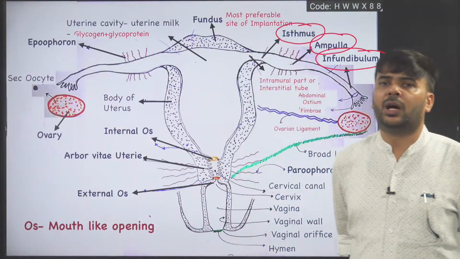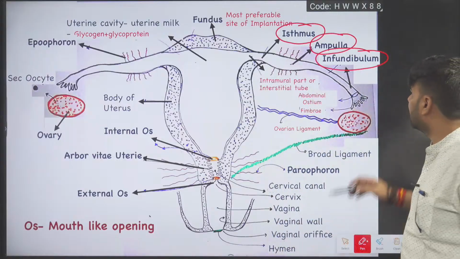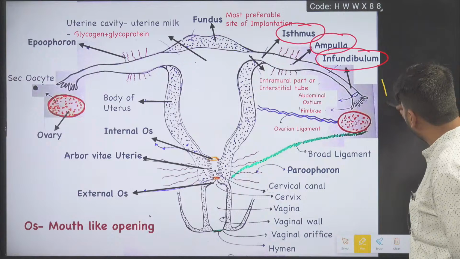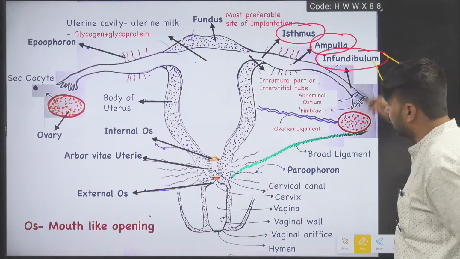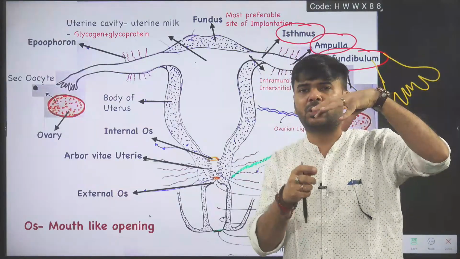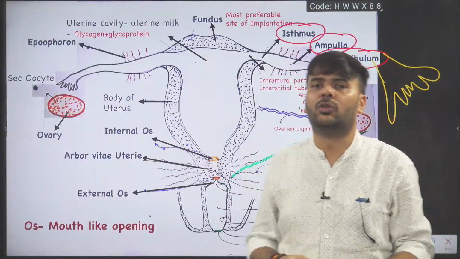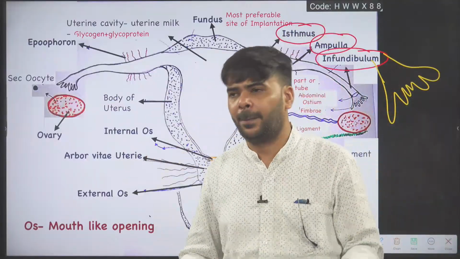This infundibulum has a funnel-shaped structure with finger-like projections. It helps in catching or collecting egg from ovary and transports it to the fallopian tube.